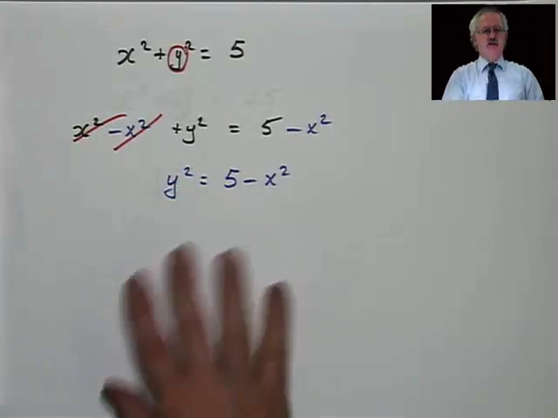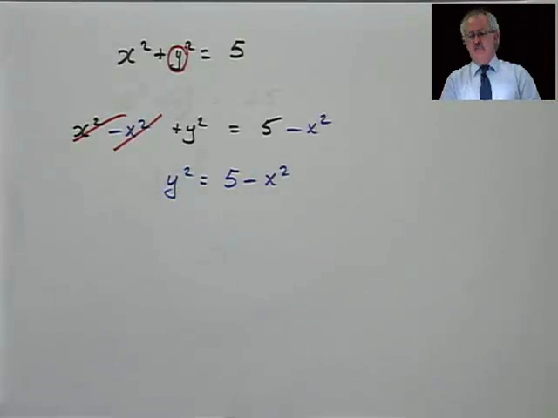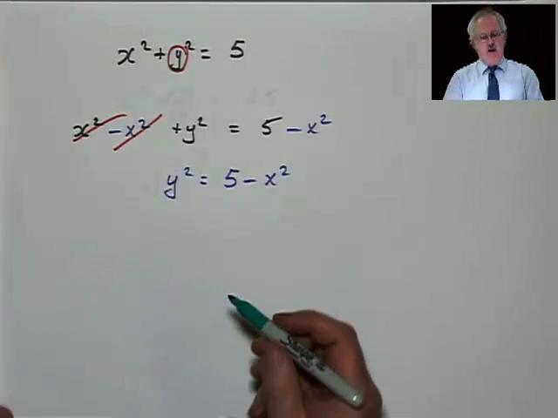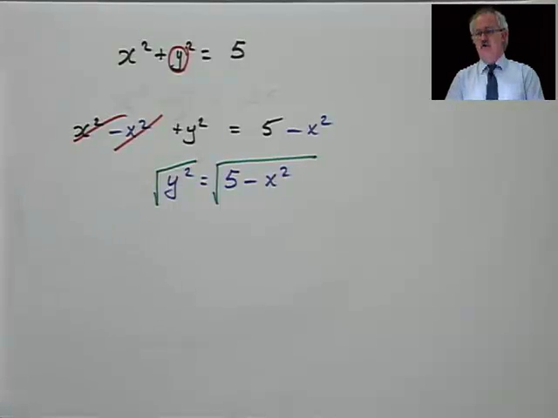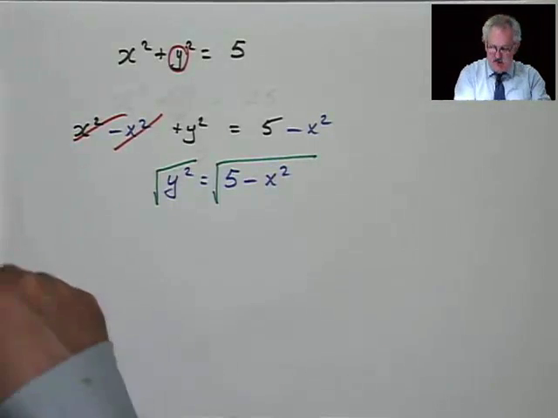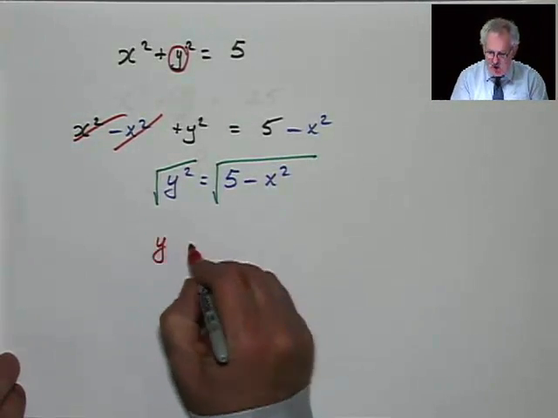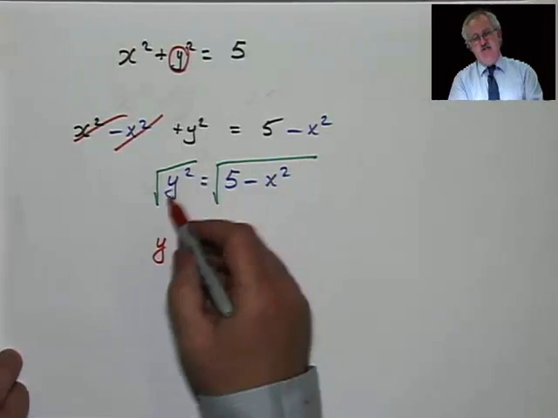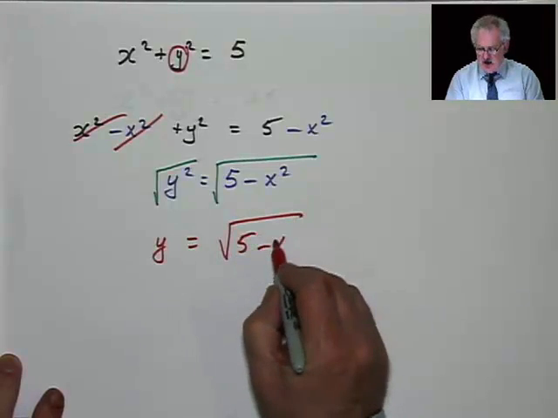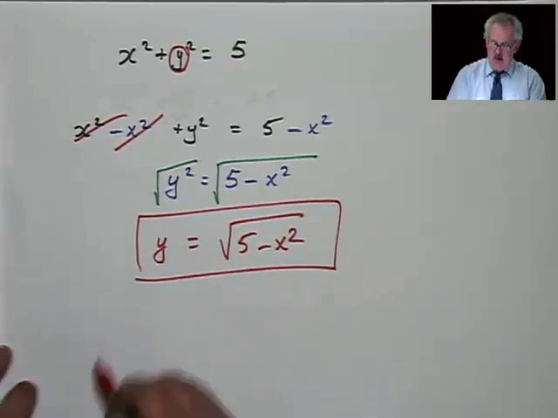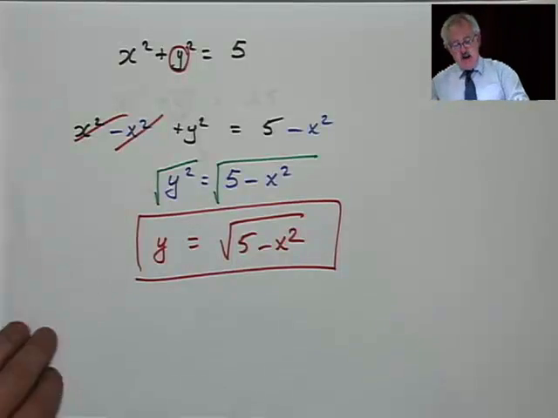I've got y on the left-hand side, nothing else, but it's a y squared. To get rid of a square, the paired operation is the square root. That gives me y equals the square root of 25 minus x squared, because the square root of a square disappears. And that's my expression for y.